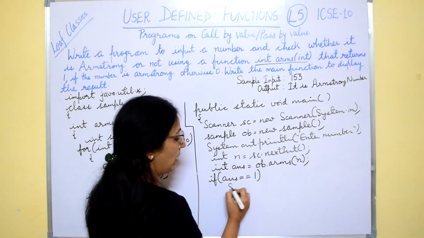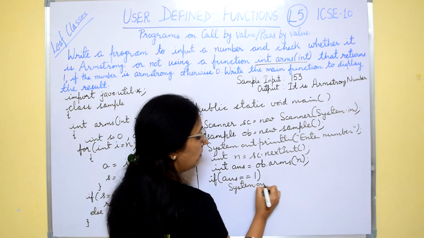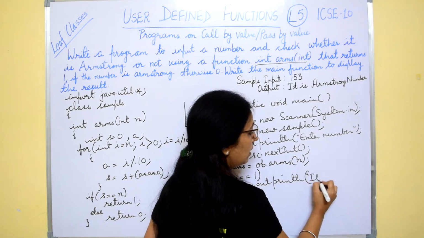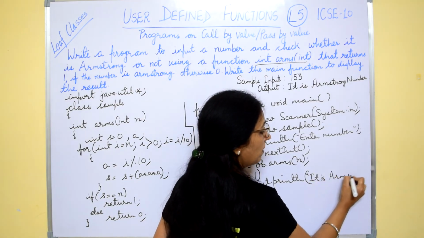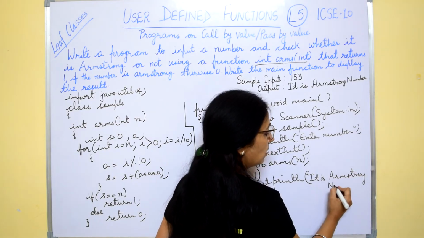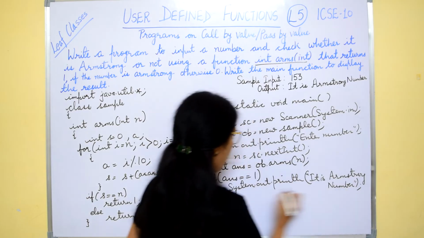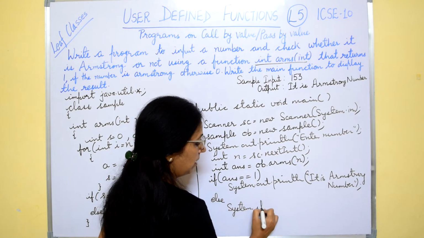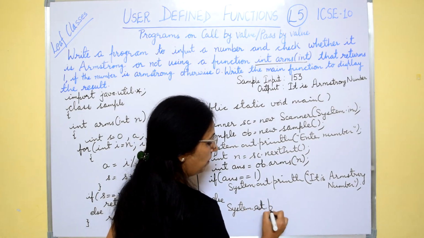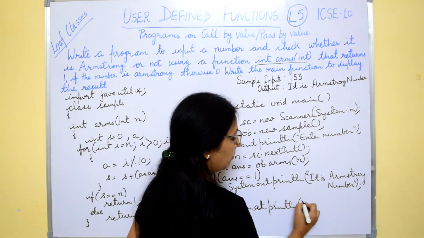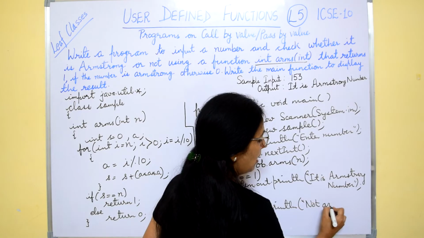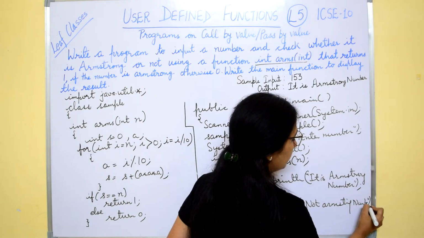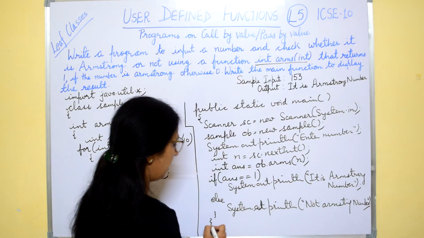So here if it is 1, then we will print System.out.println("It is Armstrong number"), else you have to print System.out.println("Not Armstrong number"). And then you close main and then you close class.